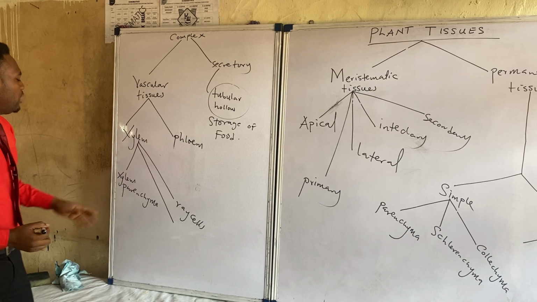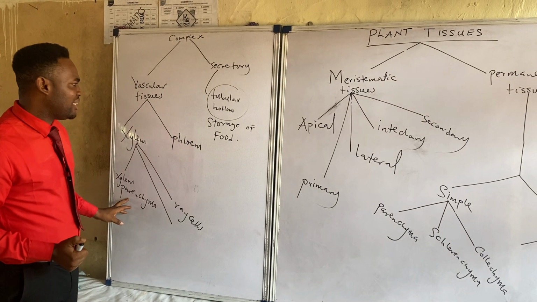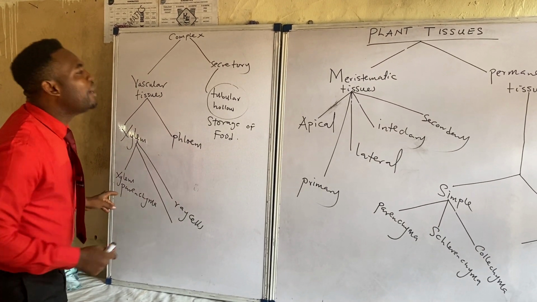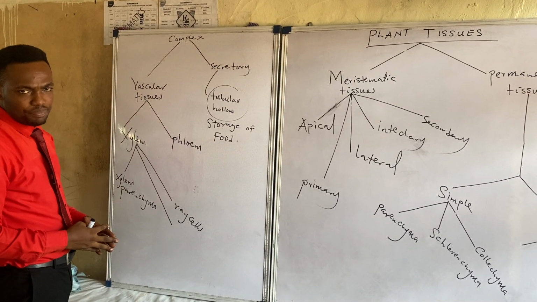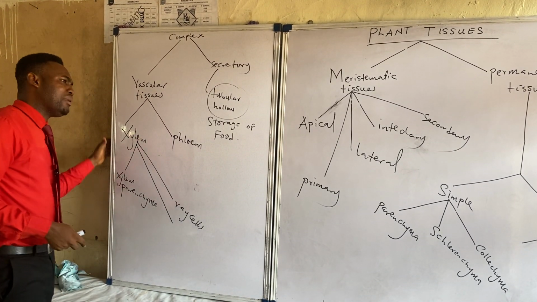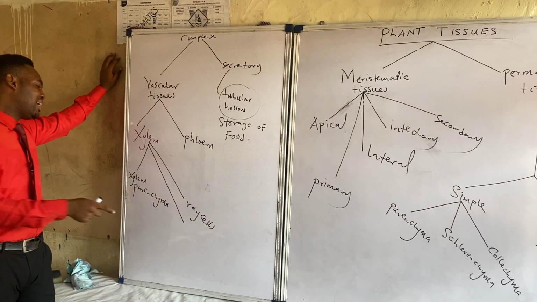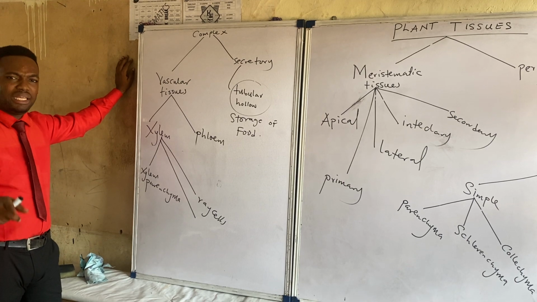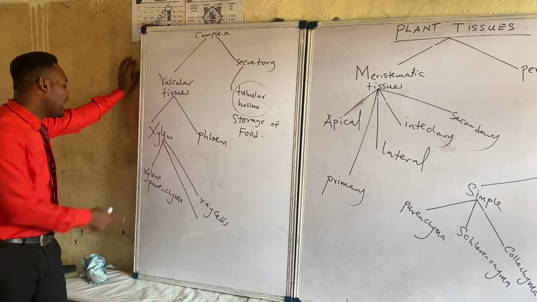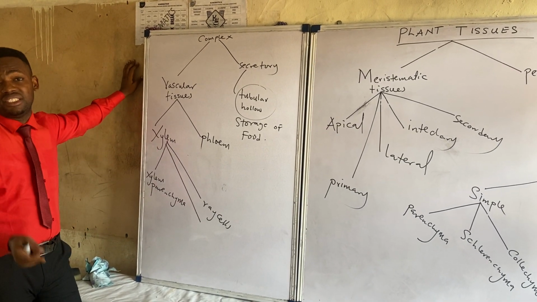Of course, why am I saying xylem parenchyma? Because parenchyma is found in almost every part of the plant body. So that's why we have xylem parenchyma. But it is important to note that xylem parenchyma is also called woody parenchyma, and that is why we say that xylem parenchyma is dead.